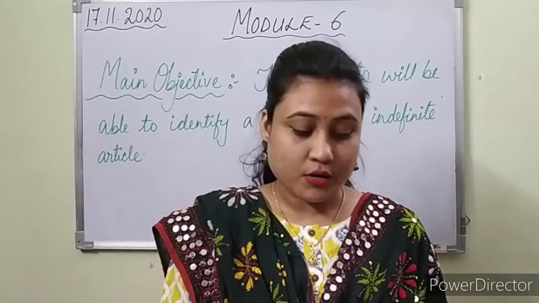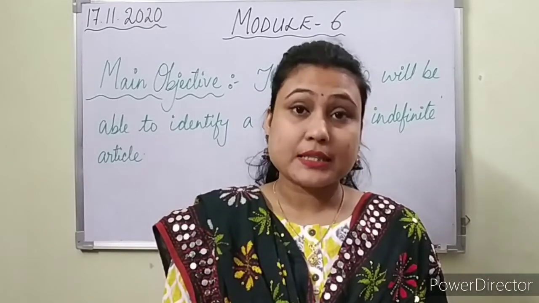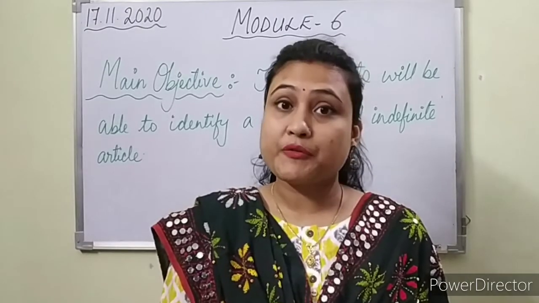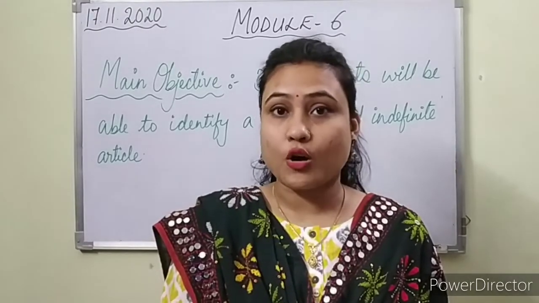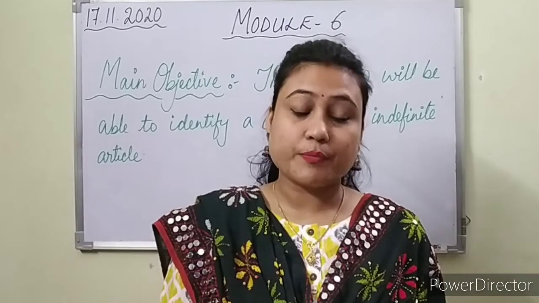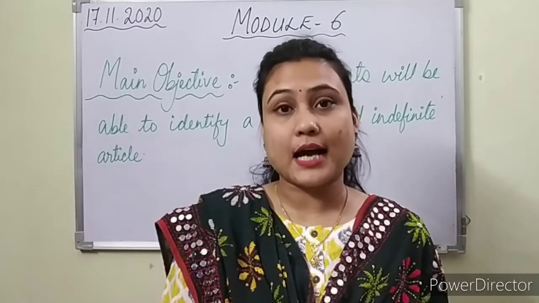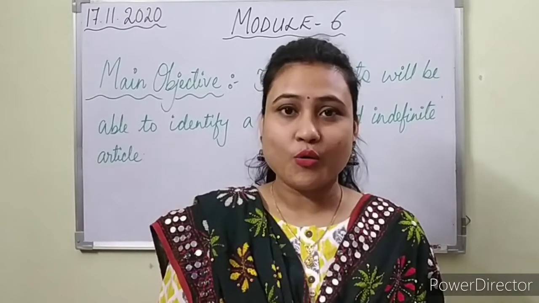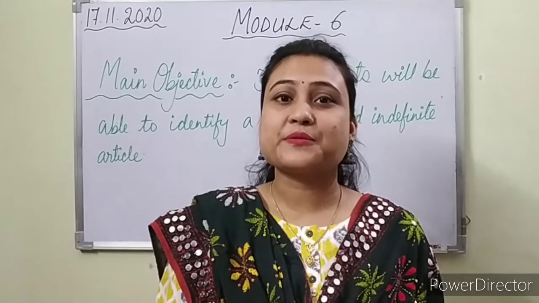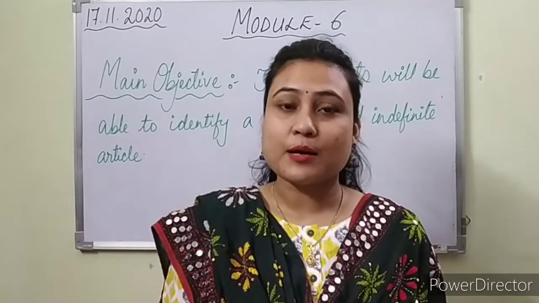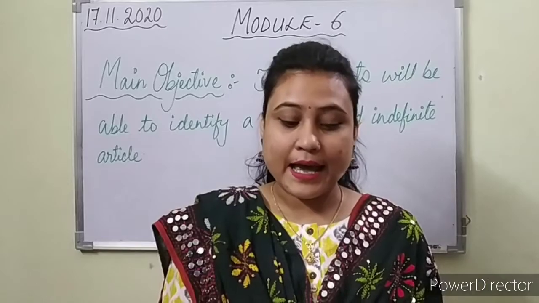Just check out what we have done. Please turn to page number 4. A is used before words that start with consonant sounds. Consonant sounds are the sounds made by all the letters other than A, E, I, O, U, as these five letters are vowels. For example, this is a cat.